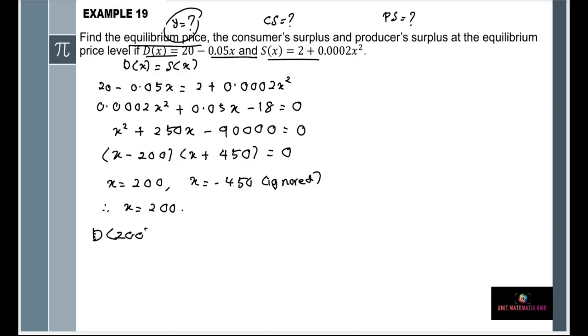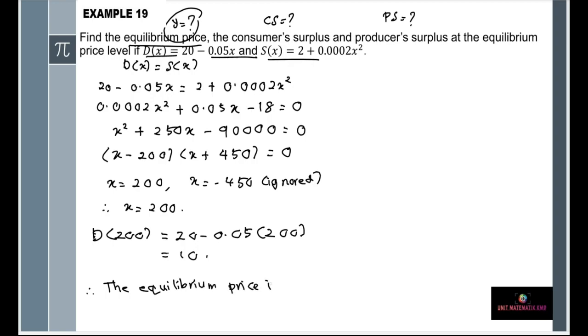So D(200) equals 20 minus 0.05 times 200, and this one equals 10. Therefore the equilibrium price is RM10.